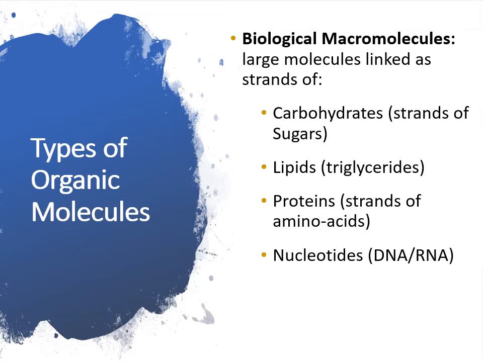Okay, so all of these can be eaten, all of them can be broken down and used for energy, and all of them can be broken down and used to be stored.